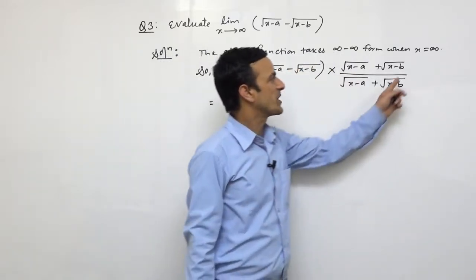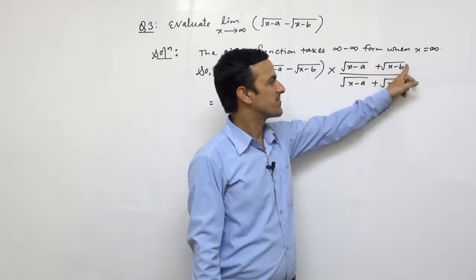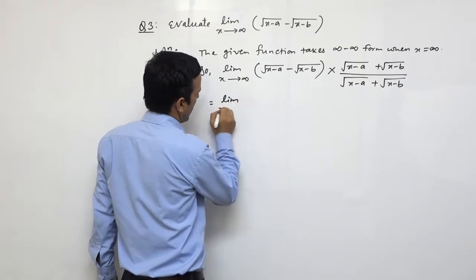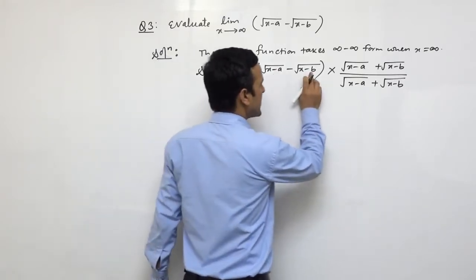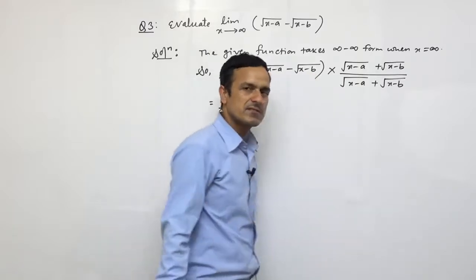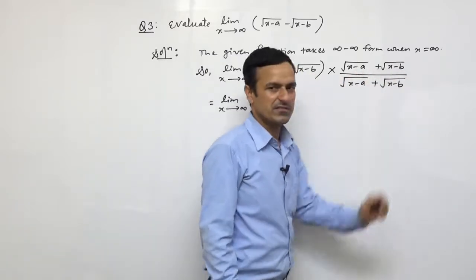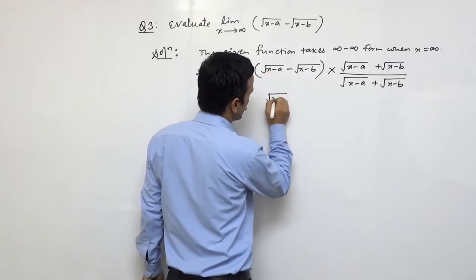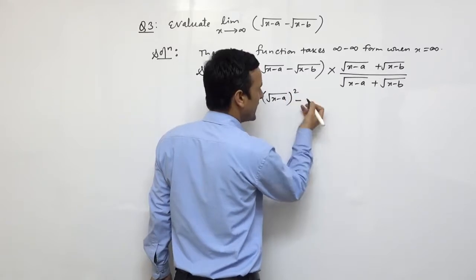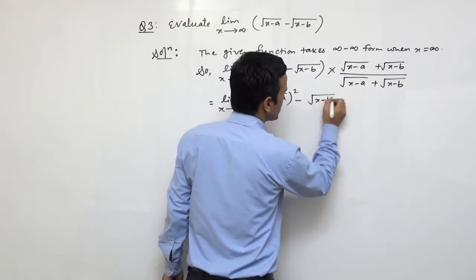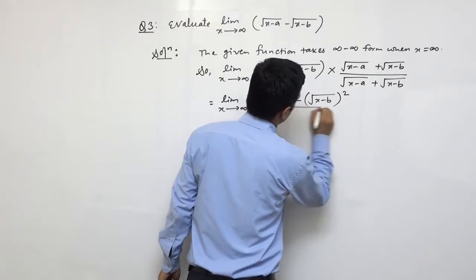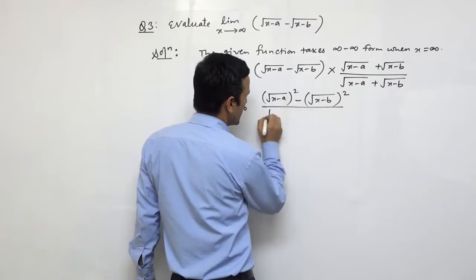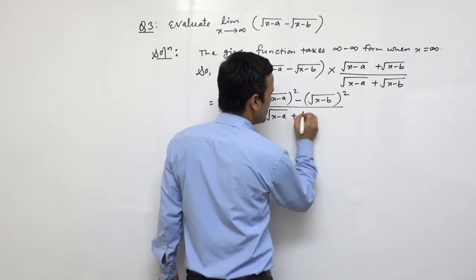So this is the conjugate of this term, and multiplying and dividing by the same term, we get this minus this, a minus b times a plus b. So what will happen? a square means root under x minus a whole square, and b square means x minus b whole square. So this is the algebraic formula, and the denominator remains the same.